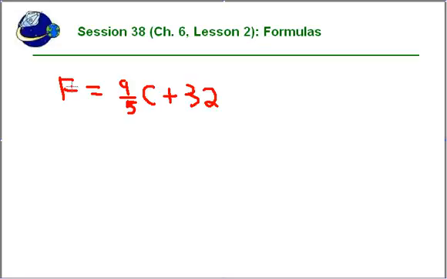Another way of reading this is that the degrees Fahrenheit is going to equal 9/5 times your temperature in Celsius, and then add 32 to it. So for example, if I were to throw in a 0 for the Celsius temperature, I take that 0 and multiply it by 9/5. 0 times 9/5 is 0, 0 plus 32 is 32.